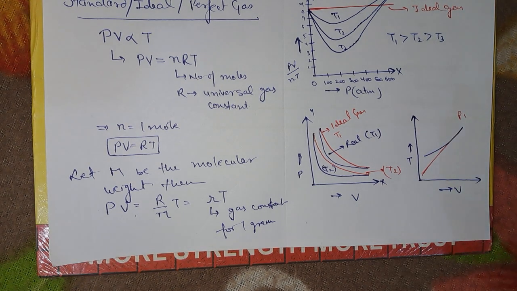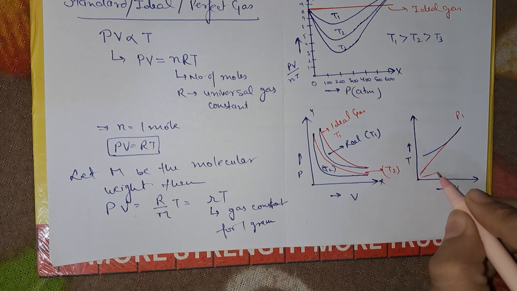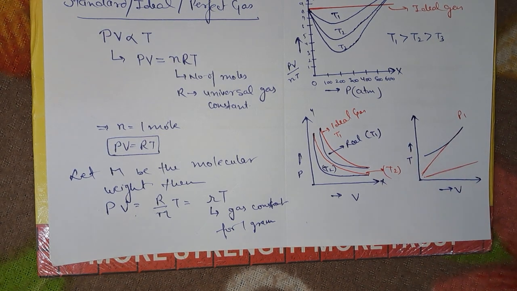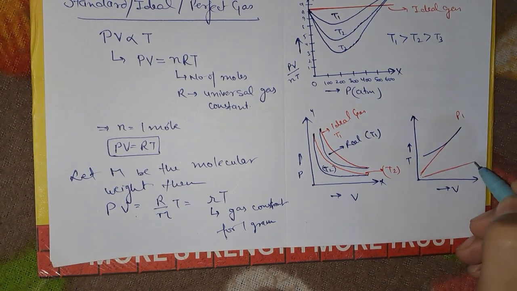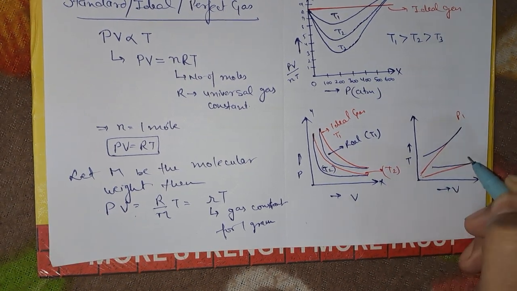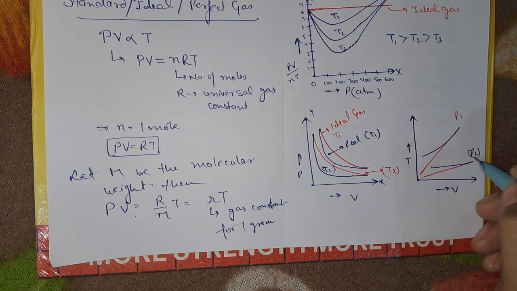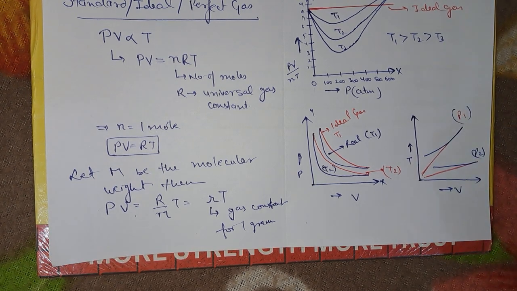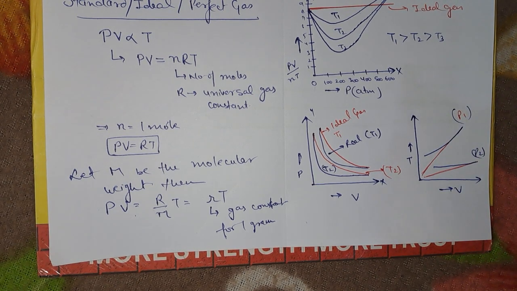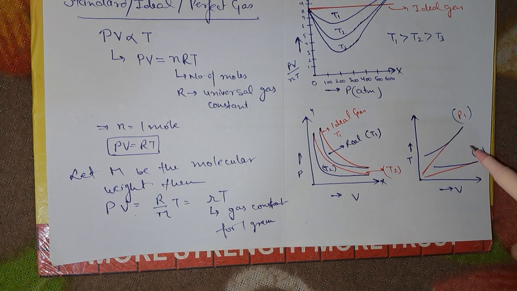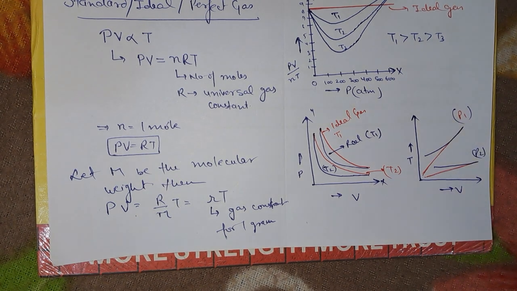If we observe some other pressure, the slope gives you the value of the pressure at which we are observing, and we can again see the deviation at P2. This clearly shows the difference in parameters and behavior of the perfect gas and the real gas.